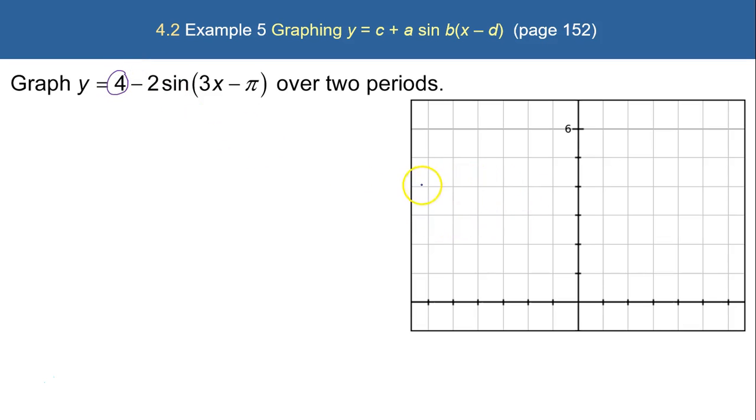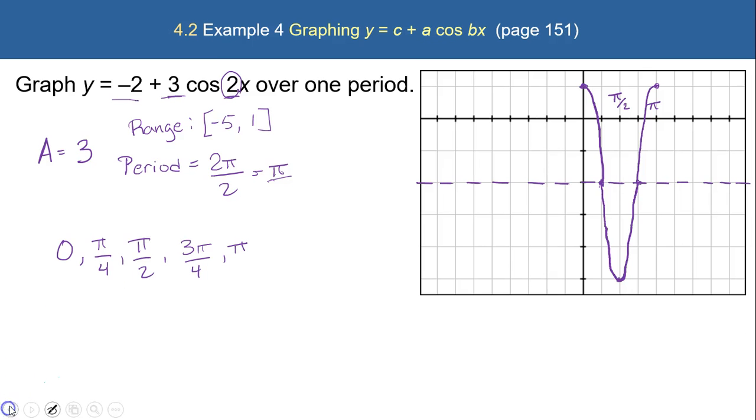So I'm going to go ahead and put a dotted invisible line here saying everything is being shifted up. This is where my x-intercepts are going to lie, just like the last one. Instead of our x-intercepts being on the x-axis, they were here on that little line that I drew.